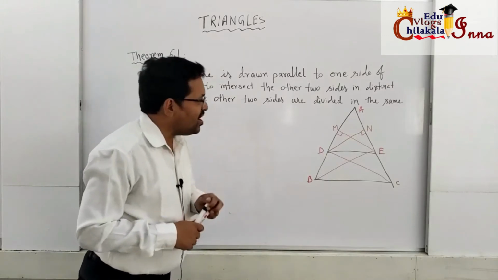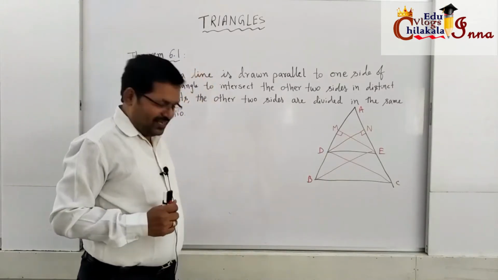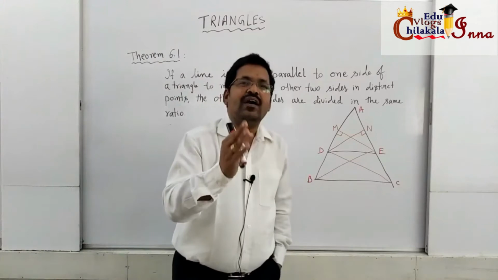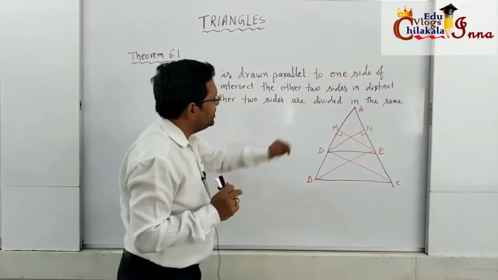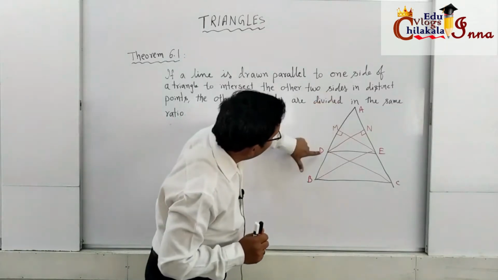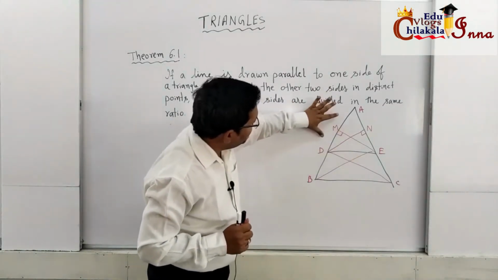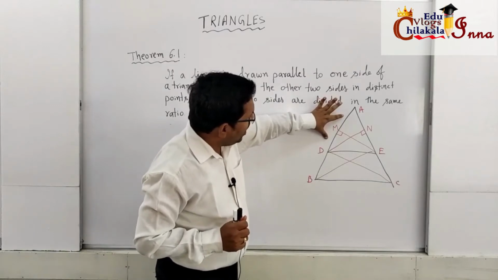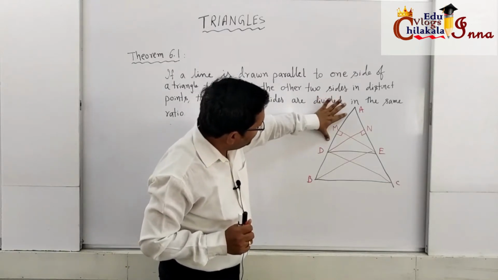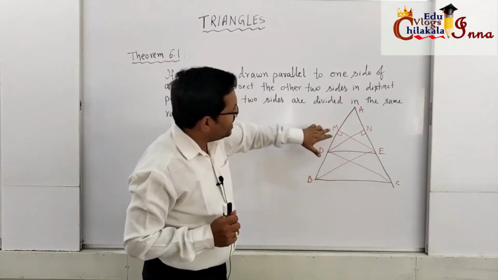So what is the area of triangle ADE? In general, what is the area of a triangle? Half into base into height. Let us see the triangle ADE. In triangle ADE, the area is half into AD into EM.